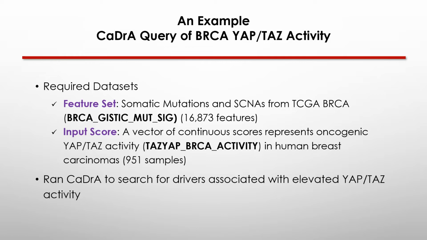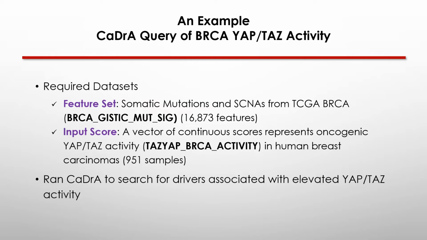Here we will illustrate the usage of CaDrA by walking you through its application to one of the datasets provided with the package. In particular, we are using a dataset of somatic mutation and copy number alteration extracted from a TCGA breast cancer dataset. This is known as the feature set.